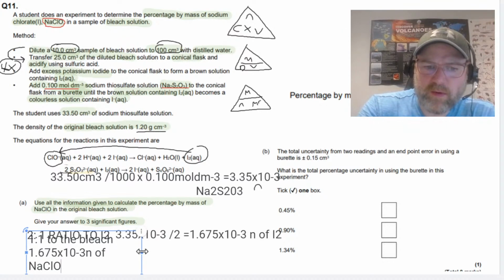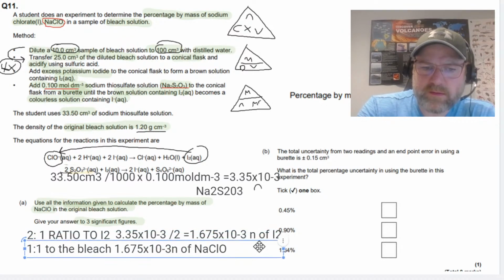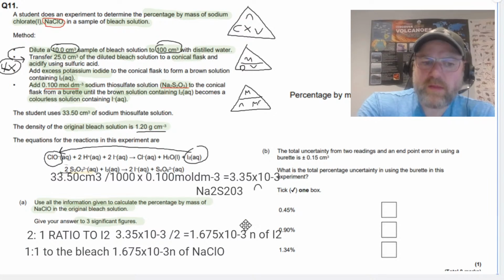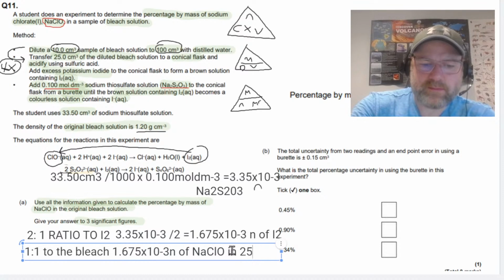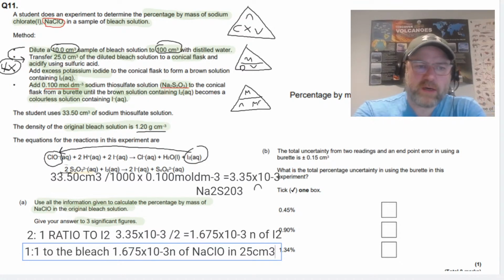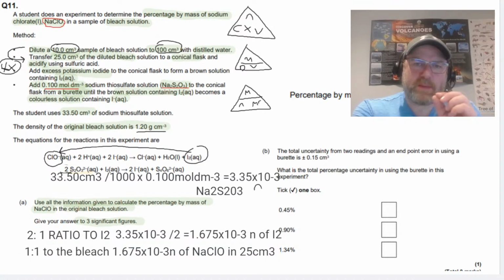So we've got that many moles of sodium chlorate too. The only problem is that's in 25 centimeters. Do you remember I wrote the little times 4 there? Because here's where people will lose one of the marks.